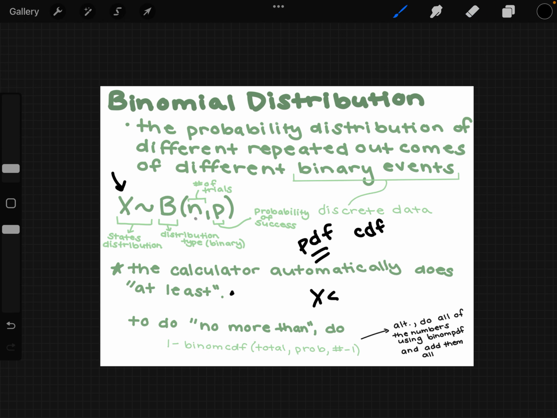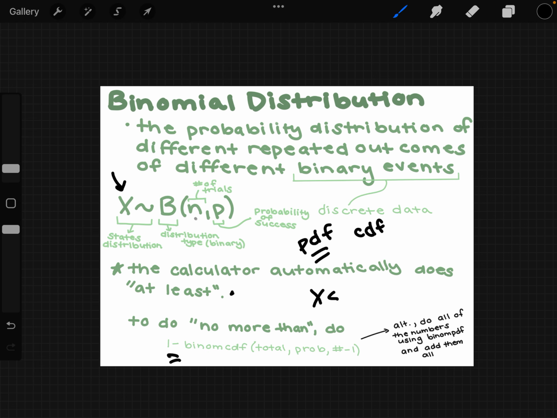So in order to get no more than, we're going to do 1 minus the binomial CDF. We're still going to put in the total number of trials. We're still going to put in the same probability, but this time we're going to do the number of successes that we want minus 1.